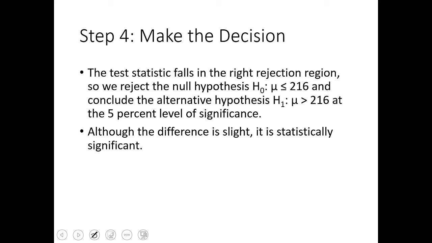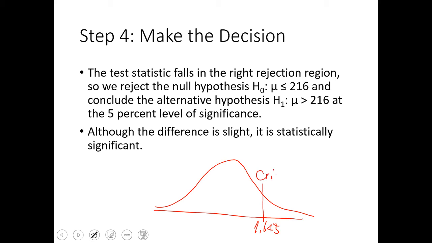So the critical value here is 1.645, and our test statistic is located at the point 2.152. So we reject the null hypothesis, okay, and we select the alternative hypothesis.